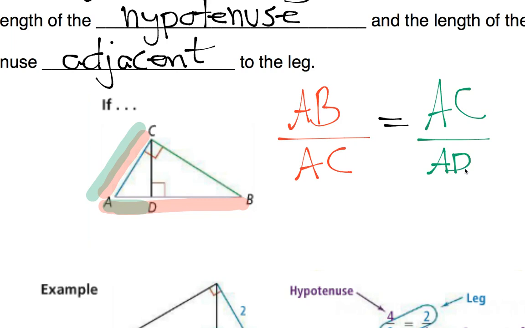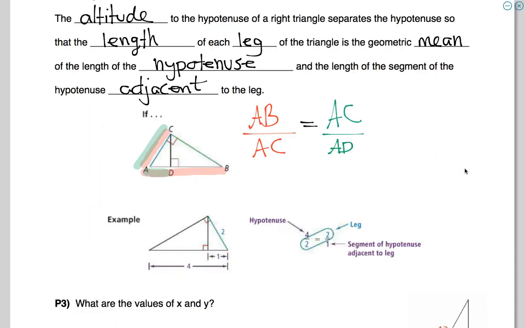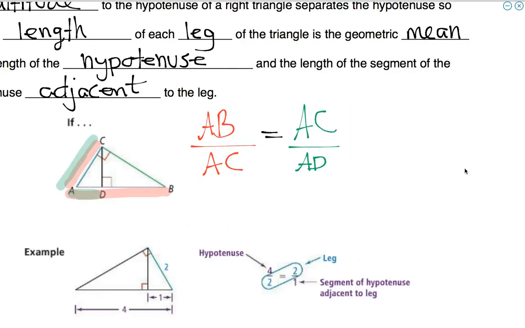And yes, you can do that on the other side as well. So you could say AB over CB, and then CB over DB.